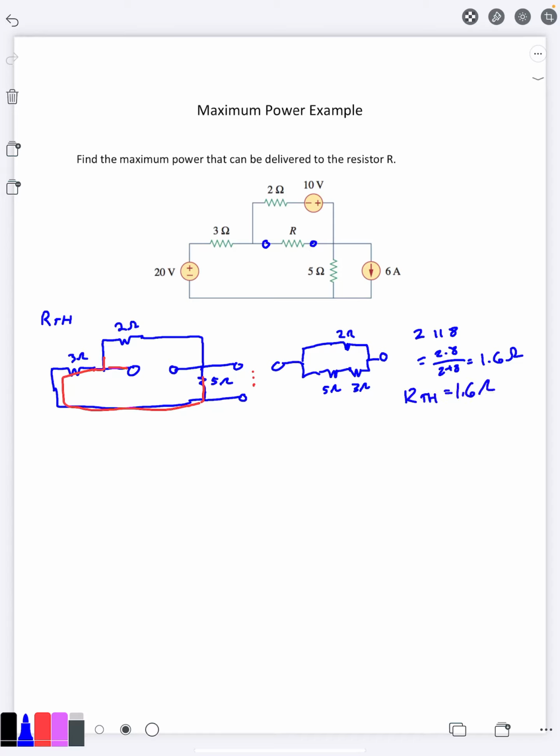Then I can either find VOC or ISC. It doesn't really matter. I'm going to go ahead and find the VOC. So we put our sources back in now. We're going to have that as an open circuit, right? VOC for open circuit. So we're going to leave that unattached there where the load resistor would be.